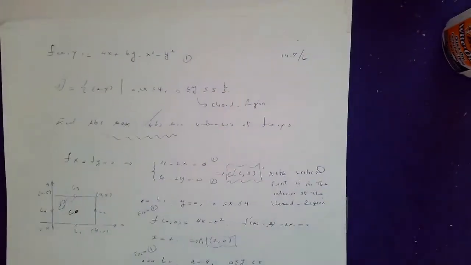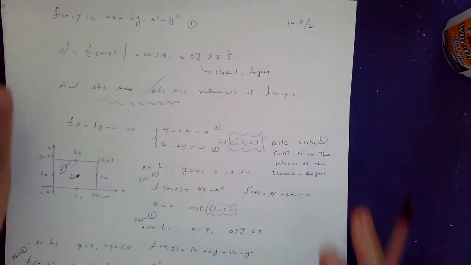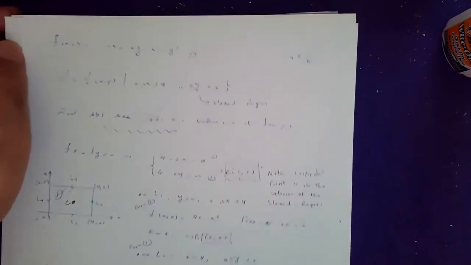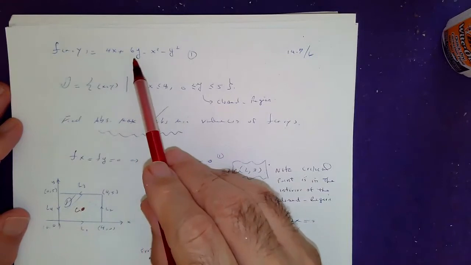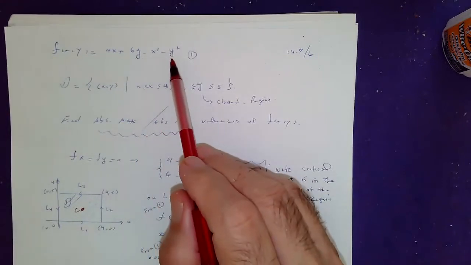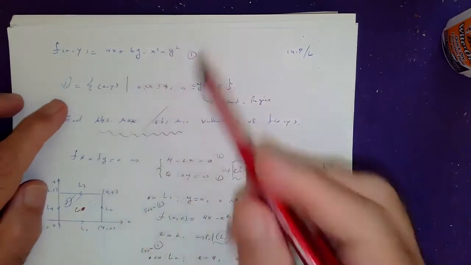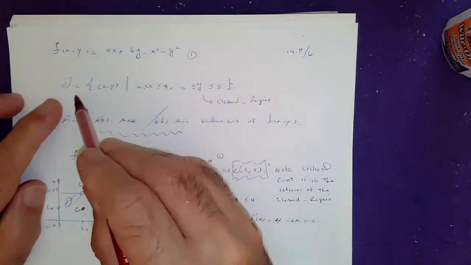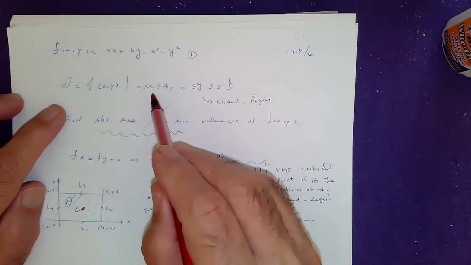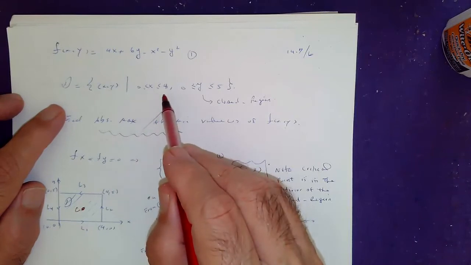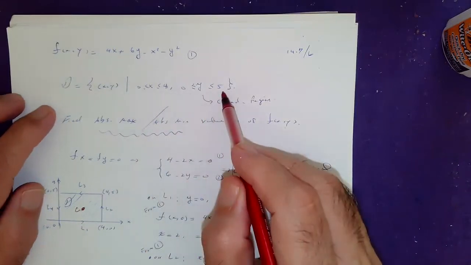So now let's do a quick example. These are time consuming, so bear with me. Suppose you have a function 4x plus 6y minus x squared minus y squared, and the region, the set D, is this: all ordered pairs such that x goes between 0 and 4 and y goes between 0 and 5.